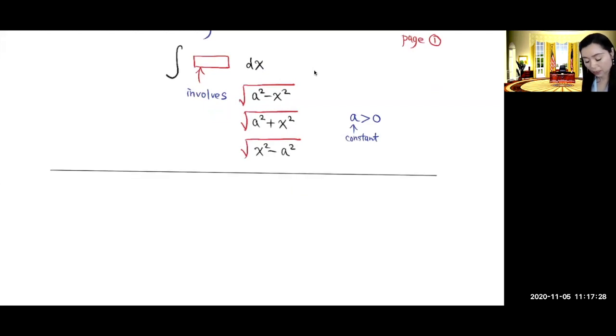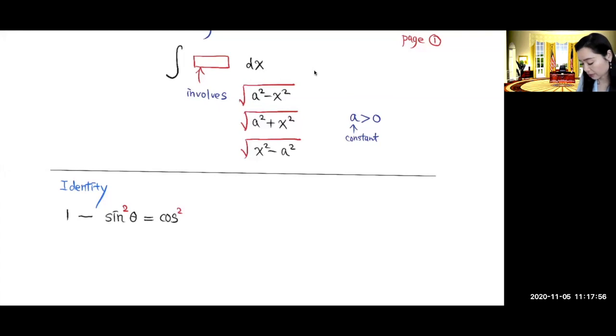Now, do you guys recall this identity? Okay, so what is this identity? We have 1 minus sine squared theta equal to cosine squared theta, right?